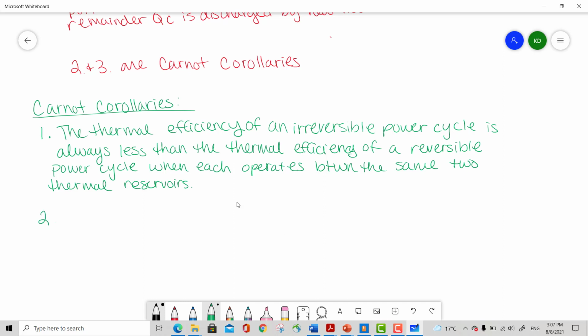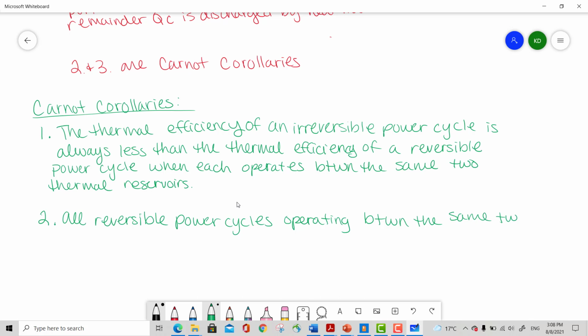And then the last, 3 out of 3 conclusions, but 2 out of 2 Carnot corollaries: all reversible power cycles operating between the same 2 thermal reservoirs have the same thermal efficiency.